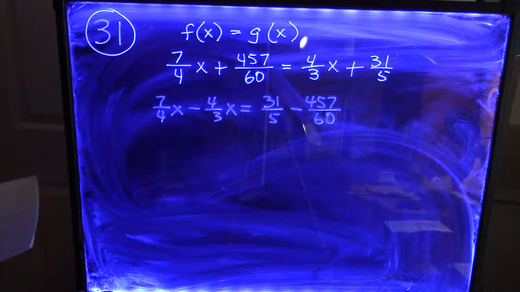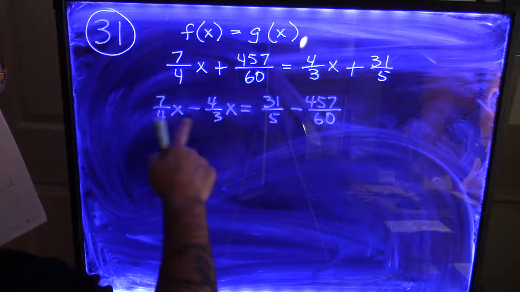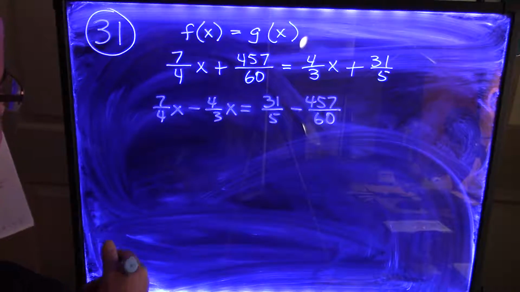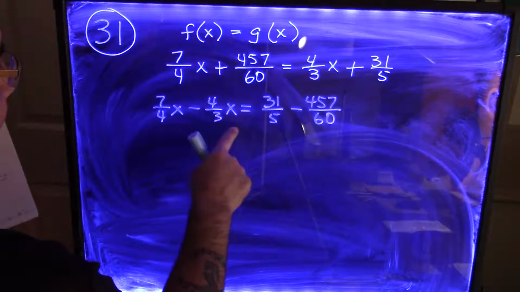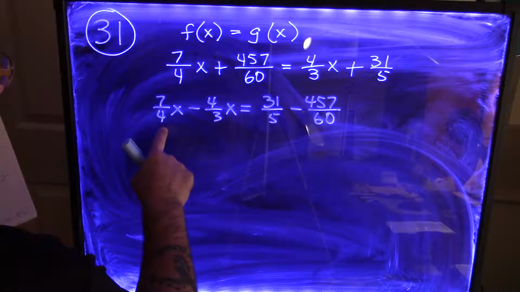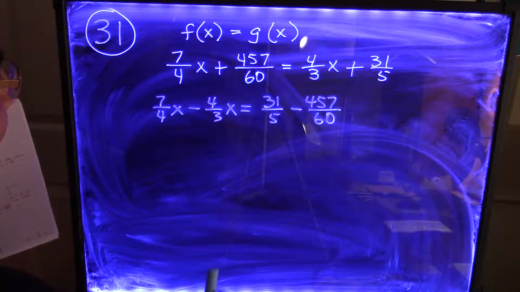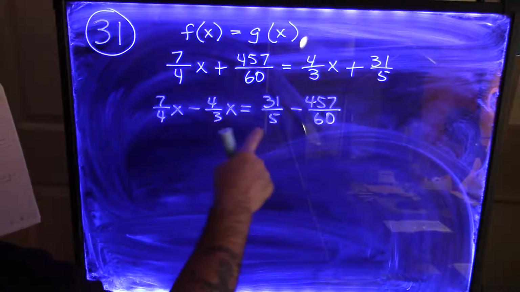So one thing it would be nice to do is to clear these fractions, make them all into integers. A little bit easier to work with. So you get the common denominator of all of these. Here you got denominators 4, 3, 5, and 60. What's the common denominator? Well, it'll be the least common multiple of all of these.